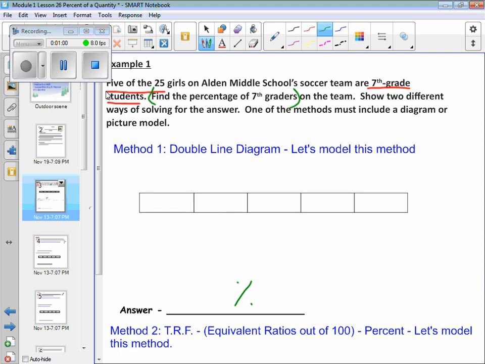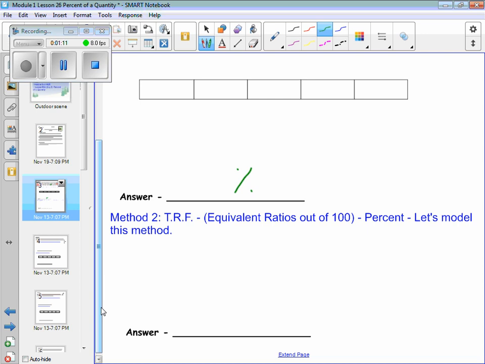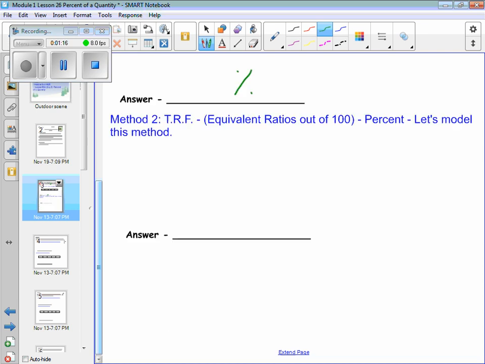We're going to set up our template, our ratio, and our find much in the same way as we always have. Before I do the double line diagram, let's do TRF, and then we'll work backwards and we'll work our way up. In our TRF, what's the top and what's the bottom? What's that top number representing? Well, what will the top number represent?